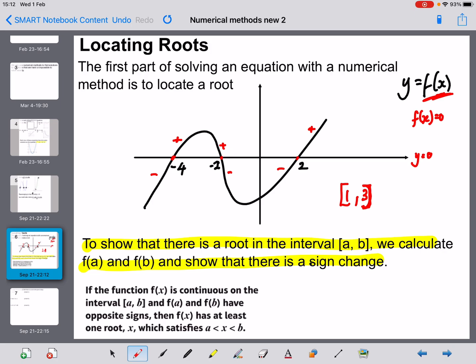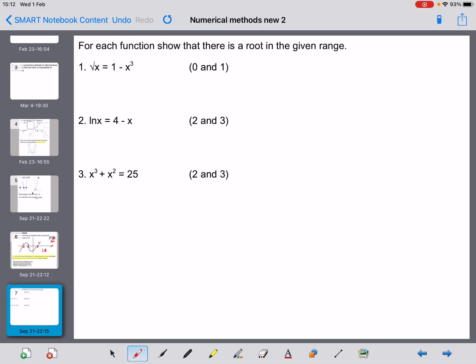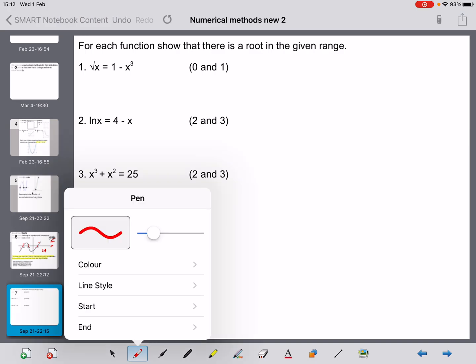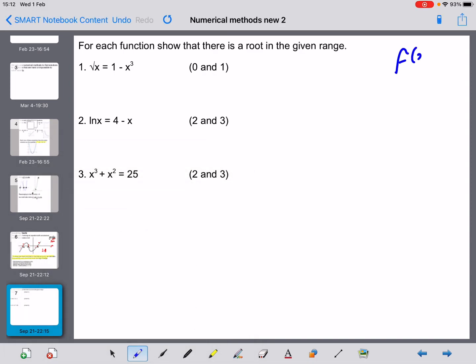So I'm going to give you an example of what you might have to do. It says for each function, show that there is a root in the given range. So for the first one, remember to show that there's a root, we need to write it in the form f of x equals 0. So I'm going to rearrange that first equation so that it's equal to 0.